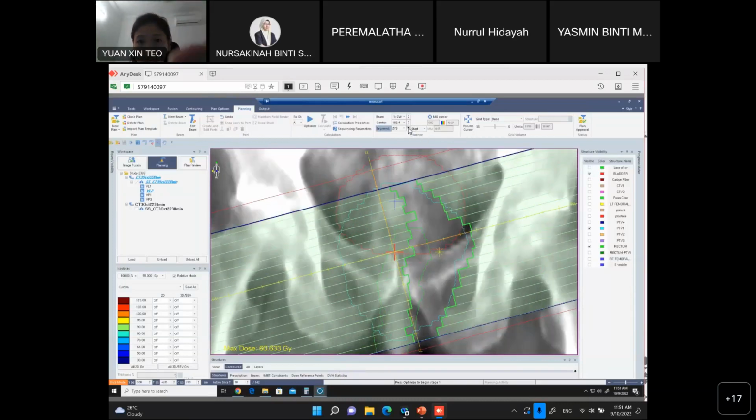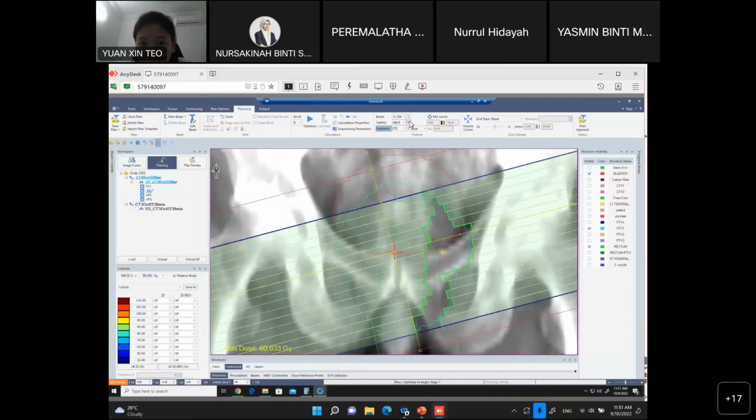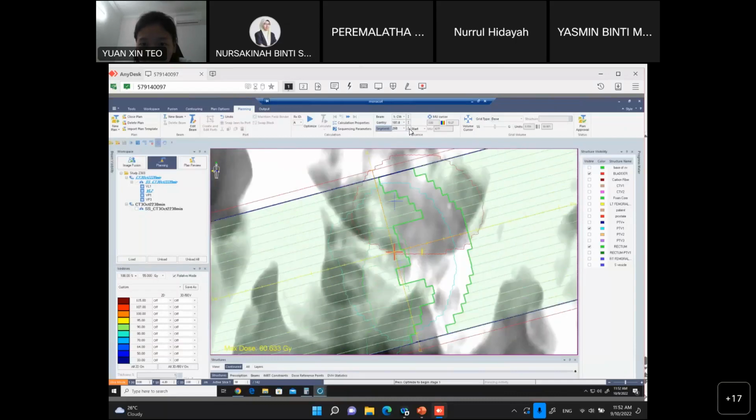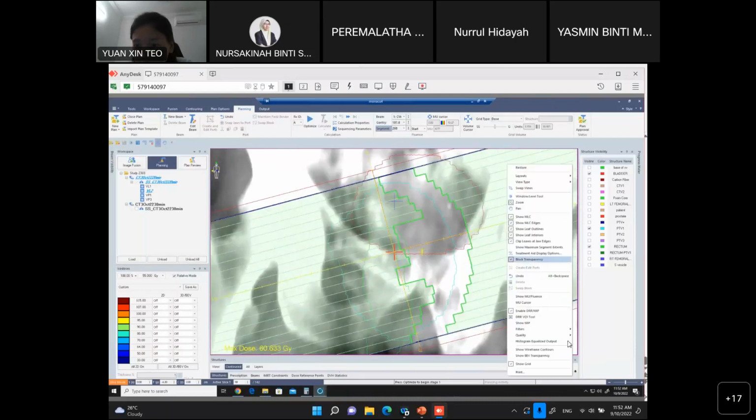Okay, you can see here, this now is gantry 180. When I rotate the gantry, every gantry angle will have a small segment. You can see clearly or not?